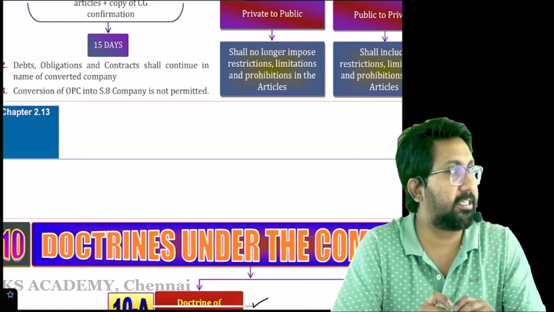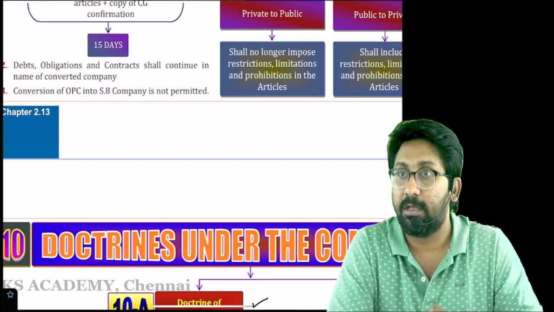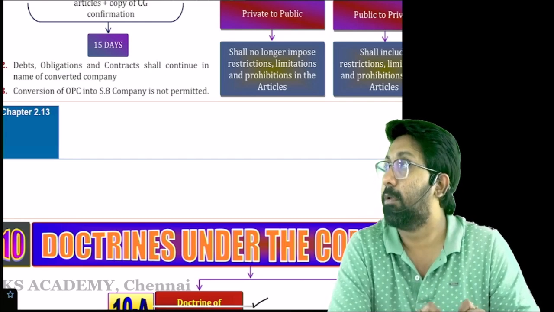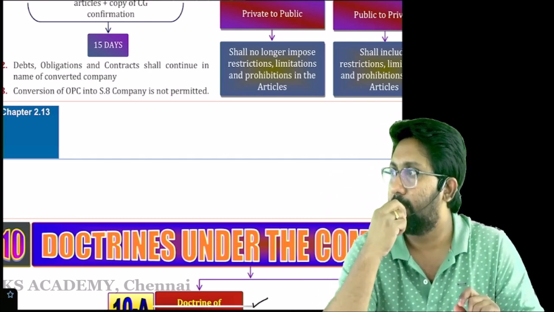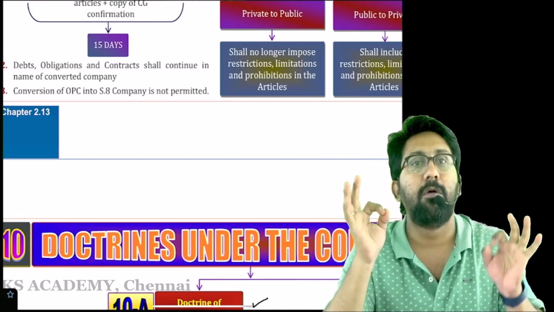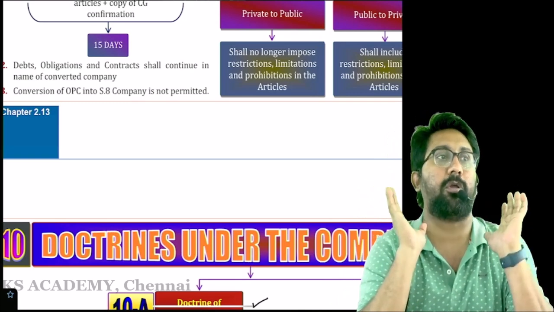Memorandum of Association and Articles of Association are public documents. Tell me, MOA and AOA are public documents, true or false? False. Only registered MOA and AOA will become public documents.